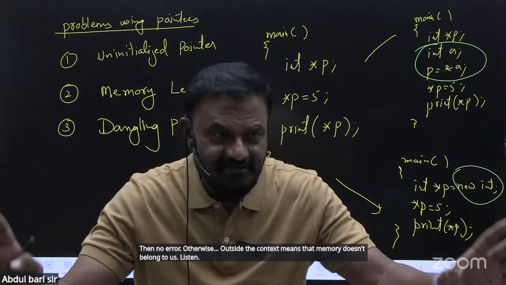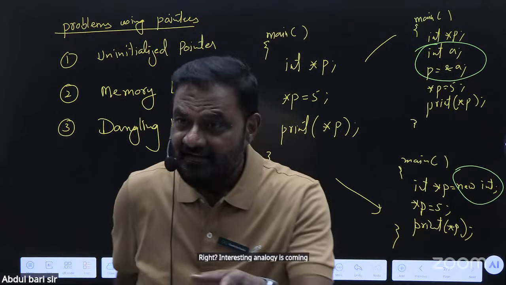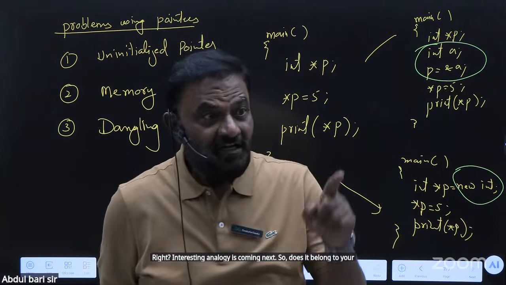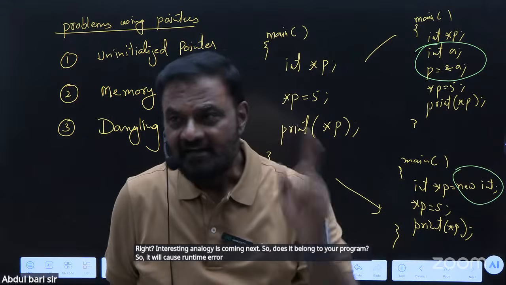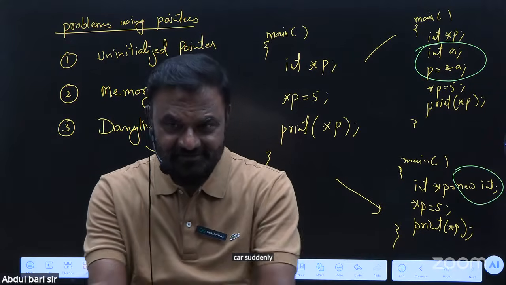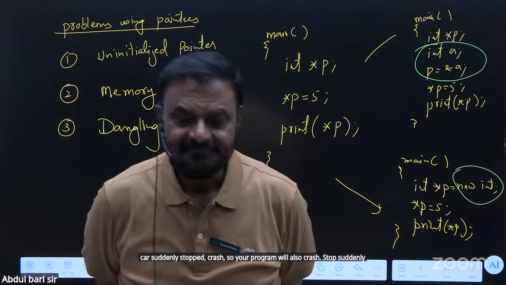Listen. Interesting analogy is coming next. So, does it belong to your program? It will cause a runtime error, and runtime error means the car suddenly stopped, crash. So your program will also crash, stop suddenly.